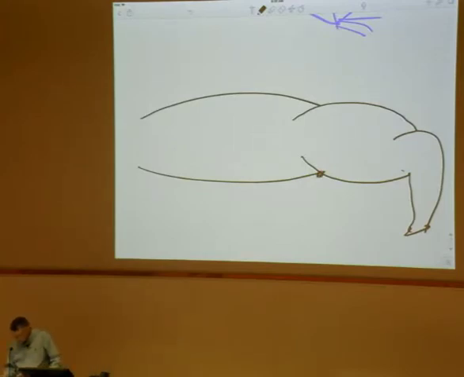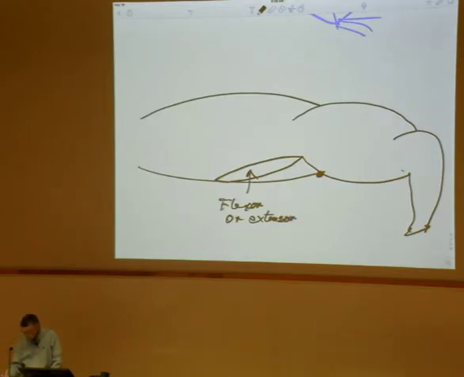So if this was a pivot, and we had a muscle here, is that a flexor? Or extensor? Okay, that's going to pull here when it shortens. And the most this can do is get pretty straight the way I've drawn it.